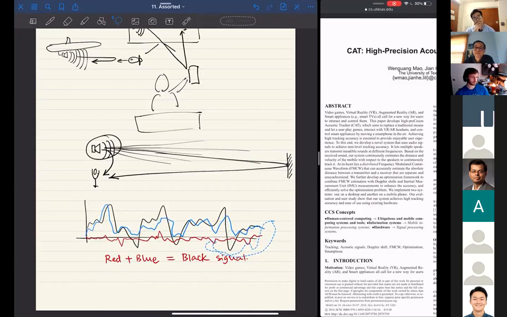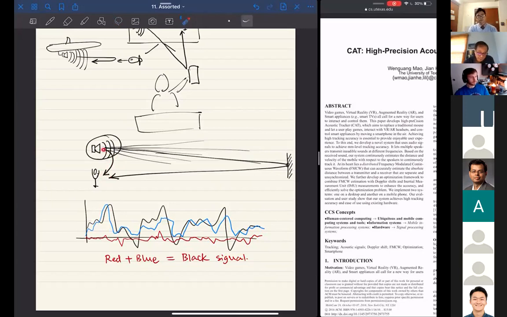Very hard, right? One possibility is, look, you know what you're transmitting, right? So you might be able to subtract the transmitted signal.